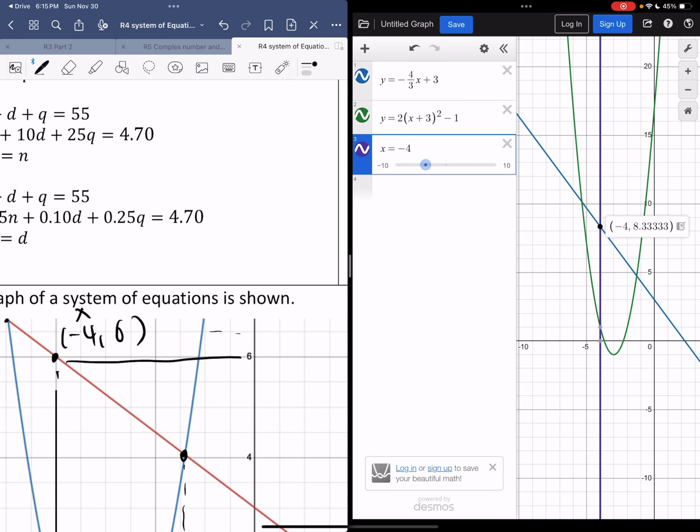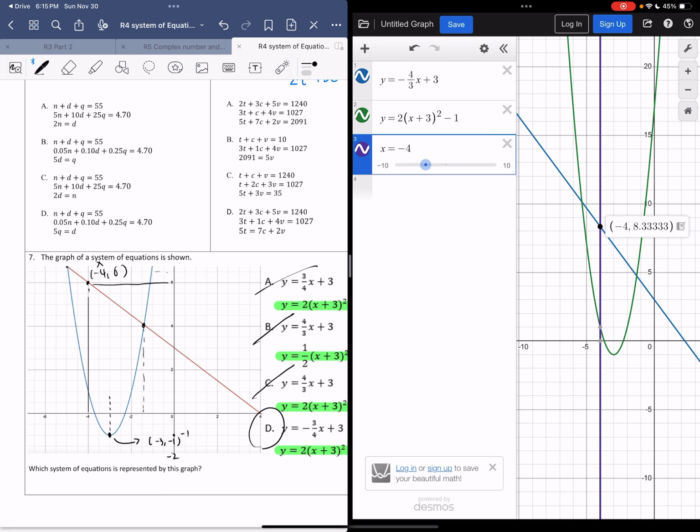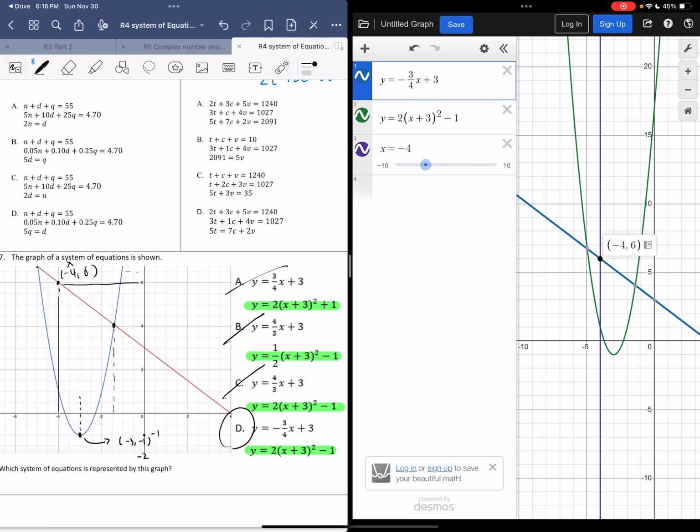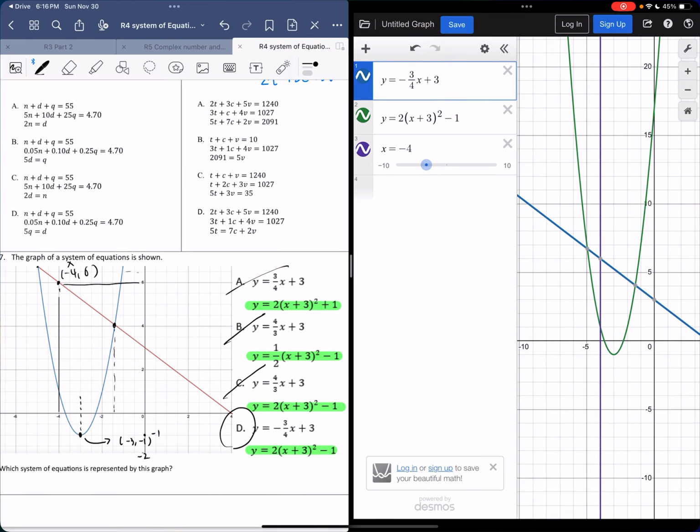Wait, it doesn't. Oh, because it should be -3/4, not -4/3. I mean, sometimes we make mistakes. Yep, -4, 6. Do you see how you see that? So it's gonna be D.